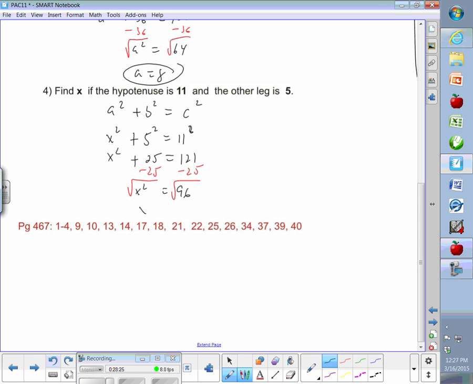It is x, I agree. And what do we do with the square root of 96? We're just going to leave it the square root of 96. If they wanted you to give a decimal round off, you'd punch it in your calculator and round off however they told you. If they don't tell you where to round it off, you go to one decimal place, but leave it exact if you can.